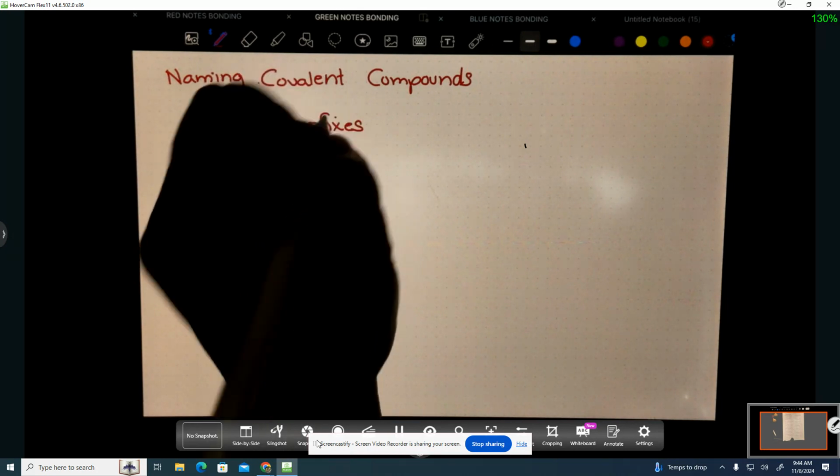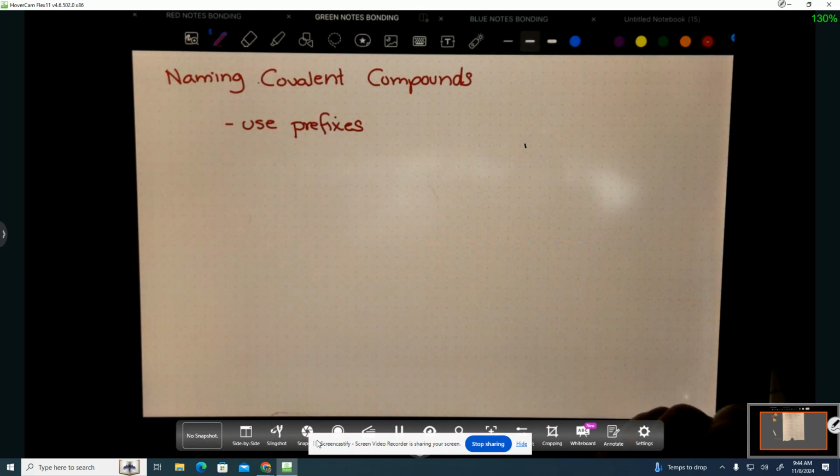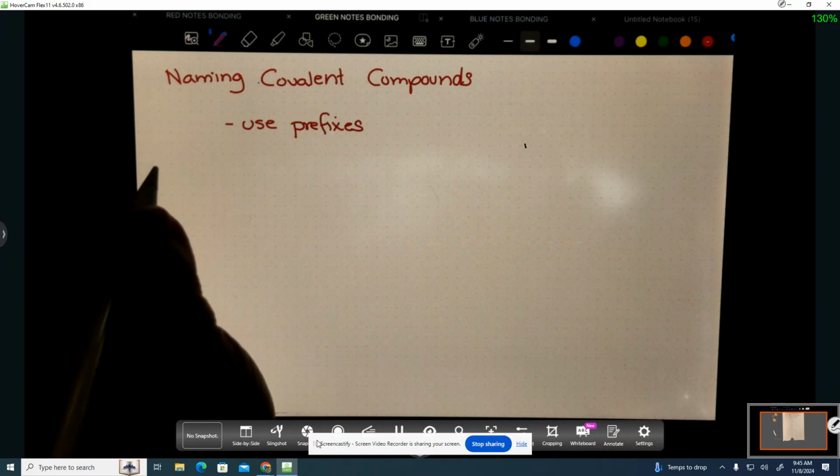We did not use prefixes for ionic compounds. So every time you go to either name something, draw something, whatever, especially now that I've introduced covalent to you, your first question to yourself should be, am I dealing with something that's ionic or am I dealing with something that's covalent?